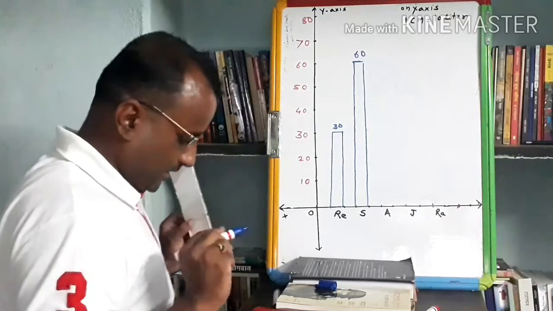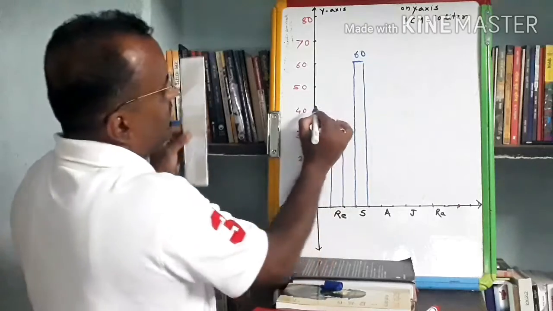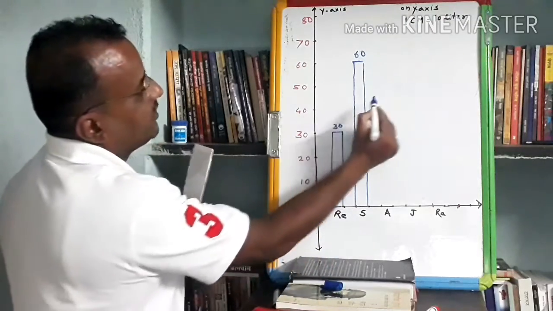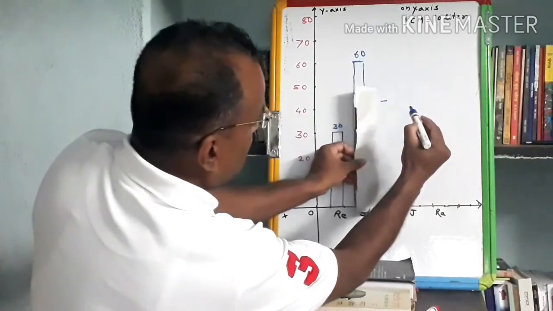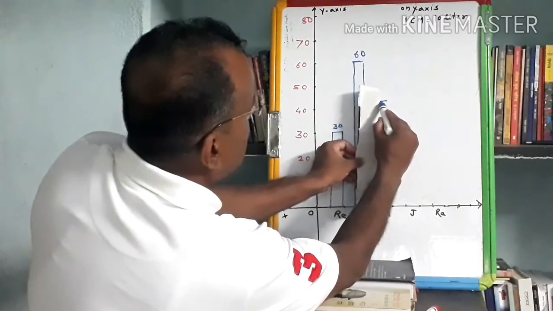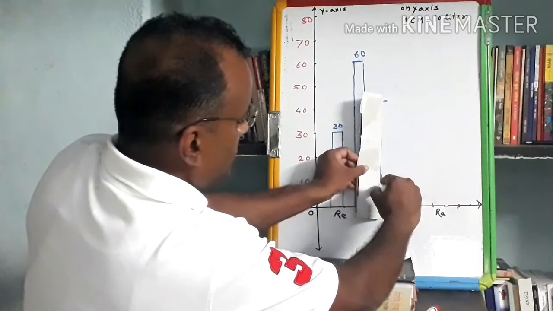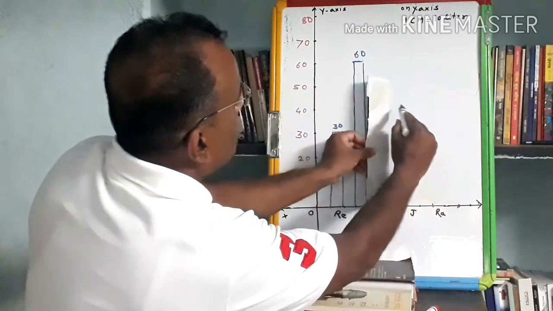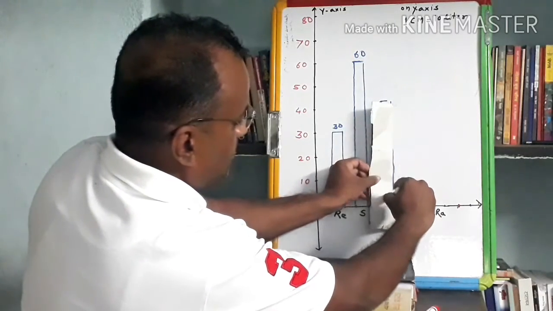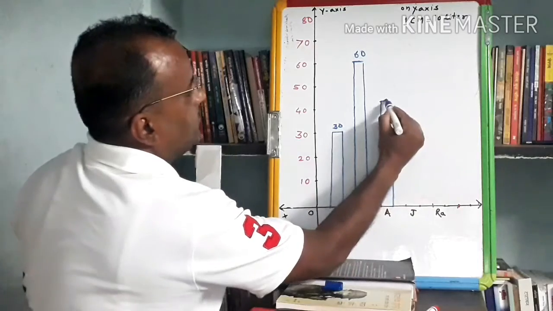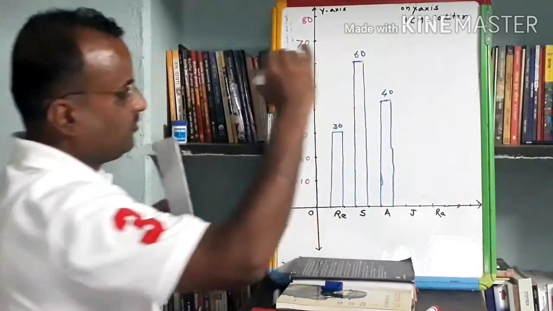Then Ayub's family consumes 40 liters. Here is 40 again. You look on the y-axis, here is 40. So Ayub's family is here. So again we connect this to Ayub's family. So this is Ayub's family, which consumes 40 liters of water.